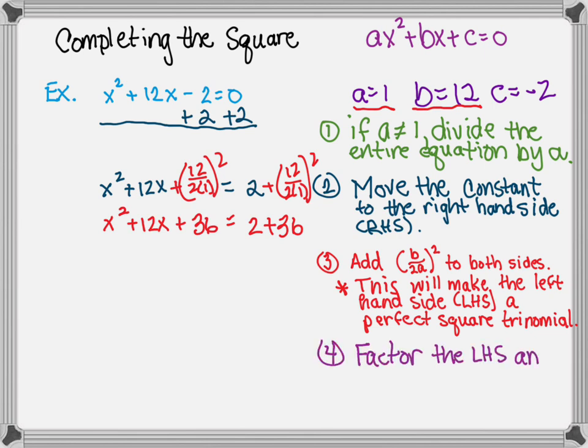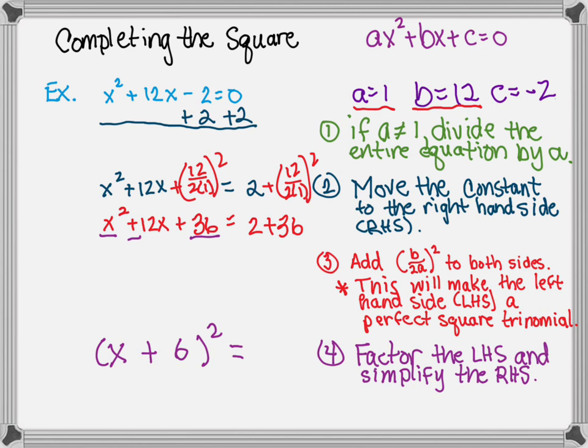Step 4, factor the left-hand side and then simplify the right-hand side. So remember, the left-hand side we just said is now a perfect square trinomial. So the square root of x squared is x, the square root of 36 is 6. The middle term has a positive symbol, so we're going to put a plus, so it should factor to x plus 6 quantity squared.